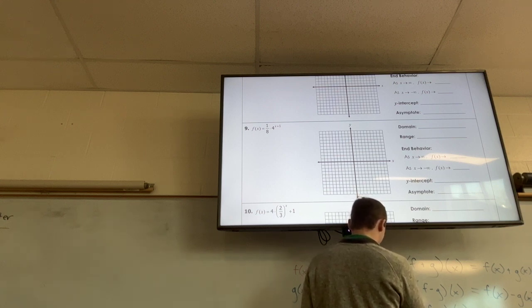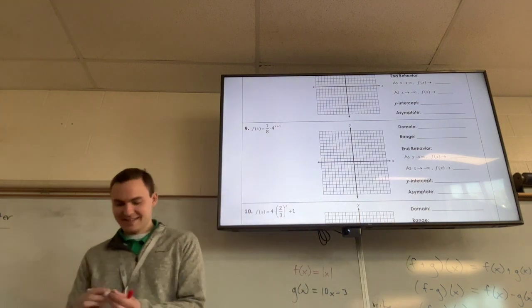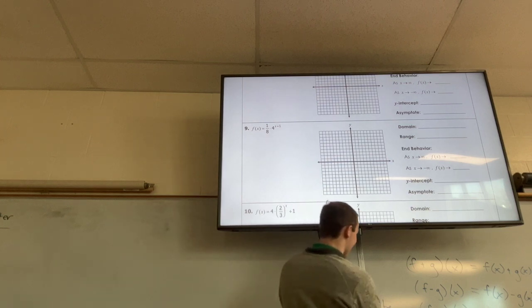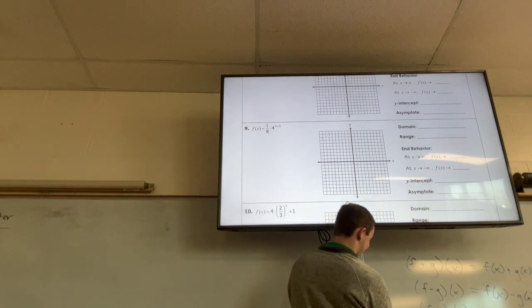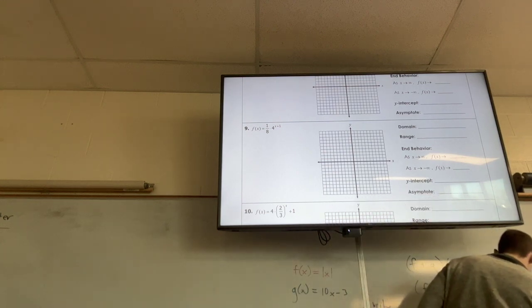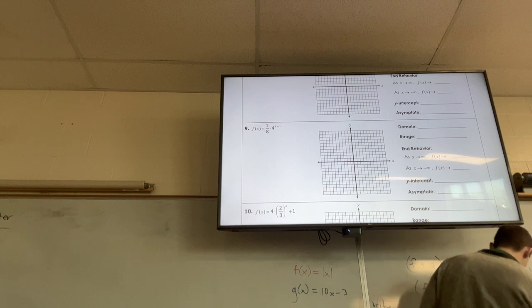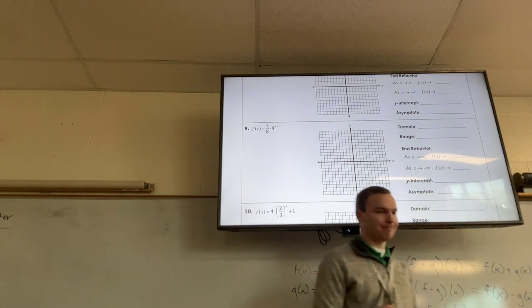Write down what? Write down your what? Excluded values. Okay. So f of x divided by g of x, that's the absolute value of x divided by 10x minus 3. What are the excluded values of this function? How do I find them?